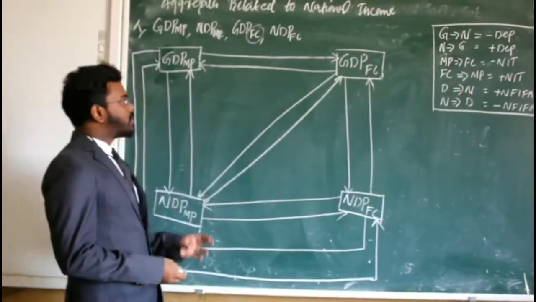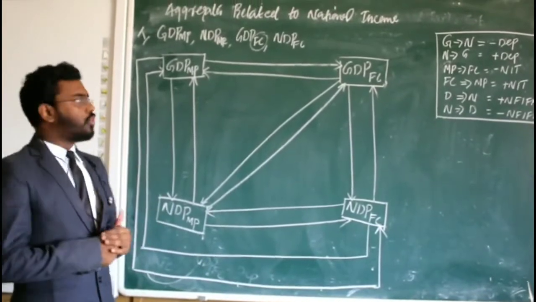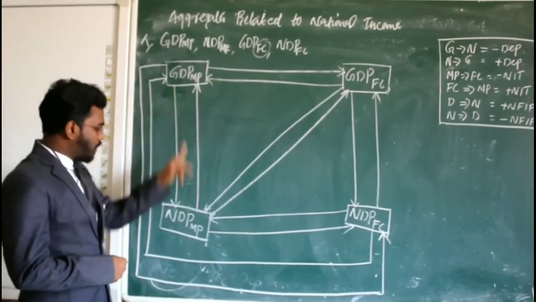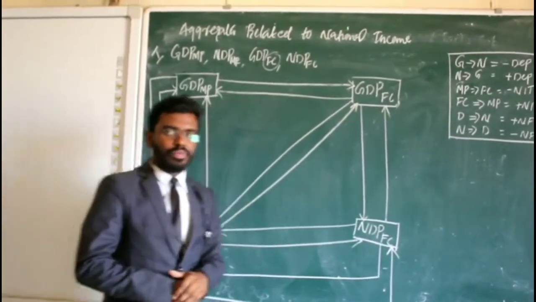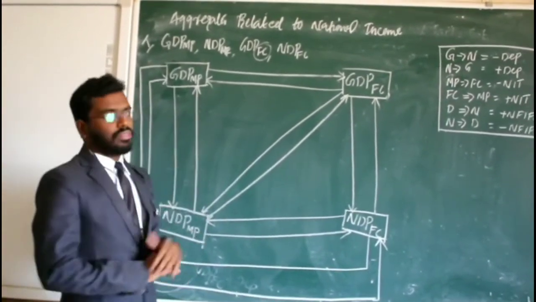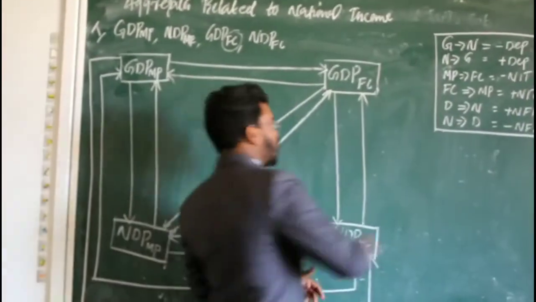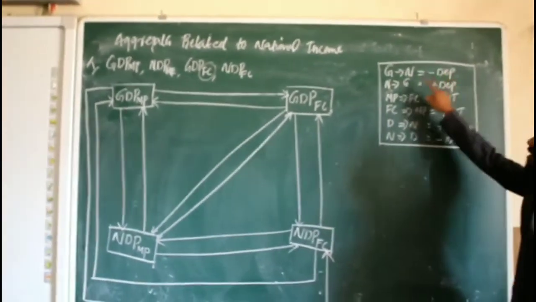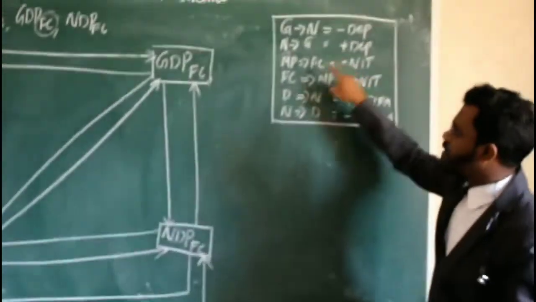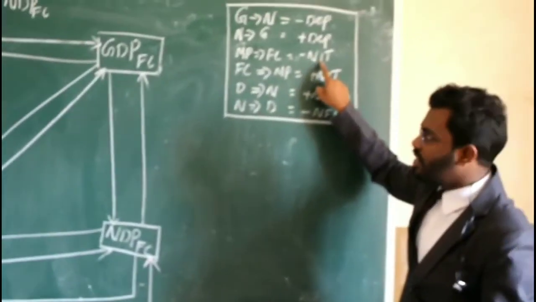So now we can discuss an important topic. Here it is GDP-MP, NDP-MP, NDP-FC, GDP-FC. For discussing this flowchart, keep in mind this concept again. G to N, that is minus depreciation. N to G, that is plus depreciation. MP into FC, that is minus NIT.